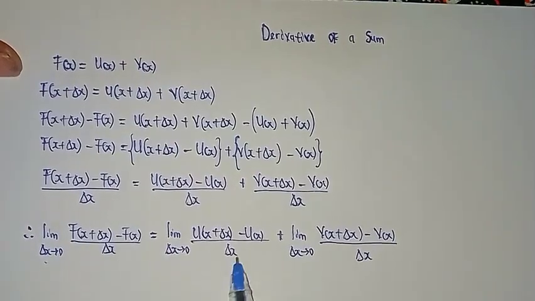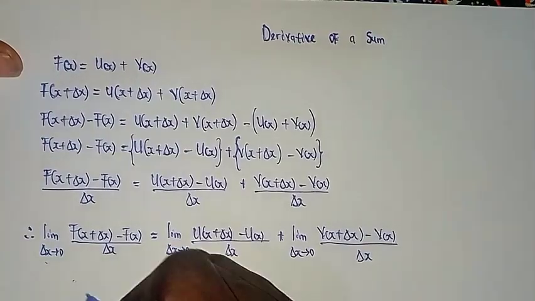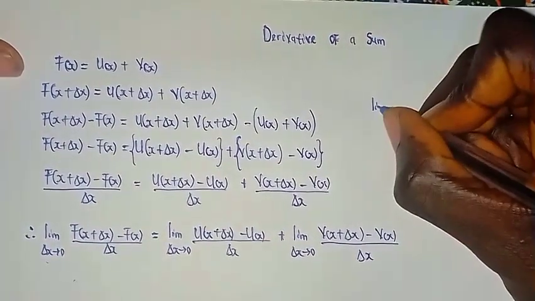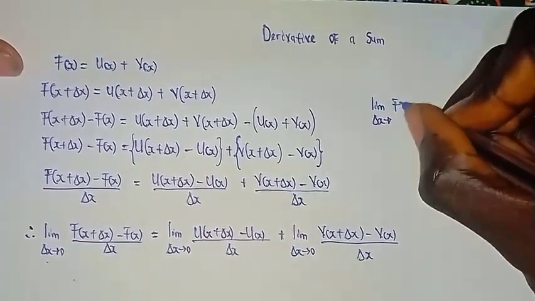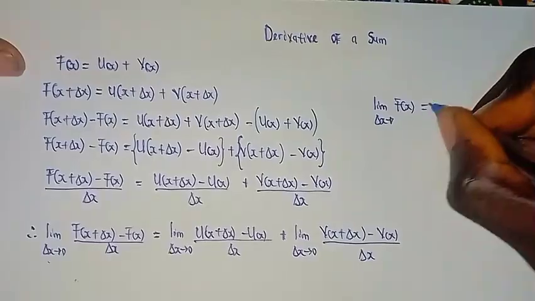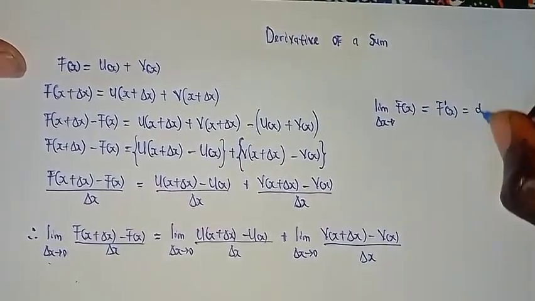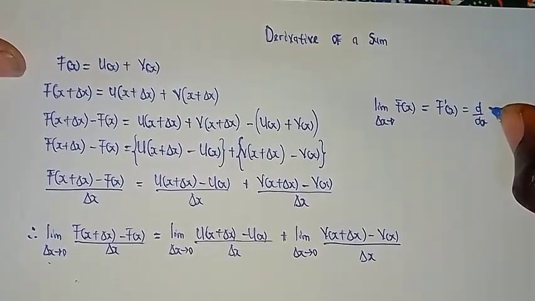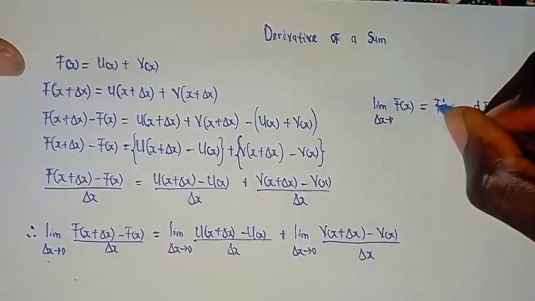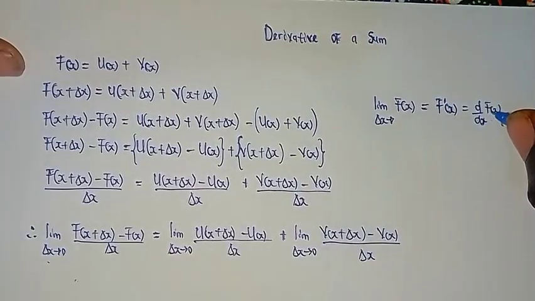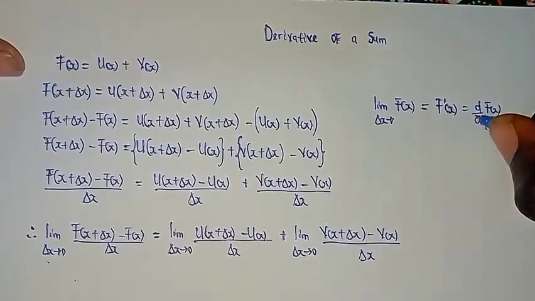We can go further in solving this. Since we know that the limit as delta x approaches 0 of any function, say f of x, becomes f prime of x, or d over dx of f of x, they both mean the same thing.